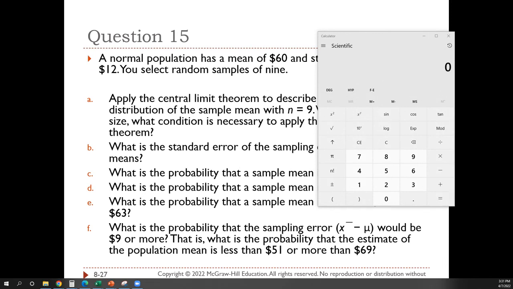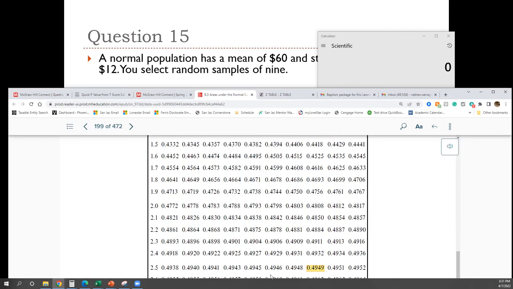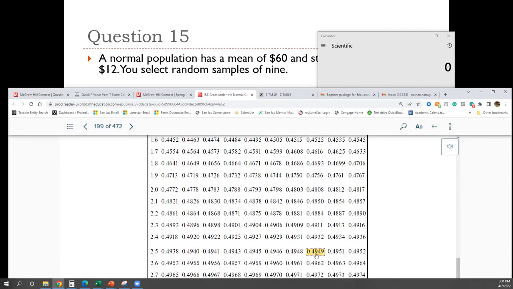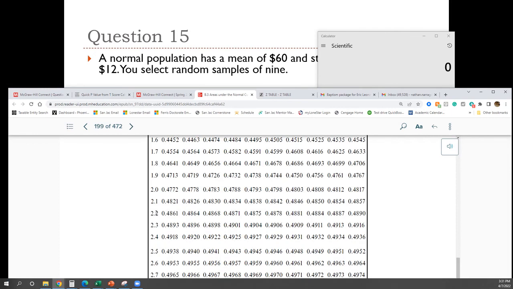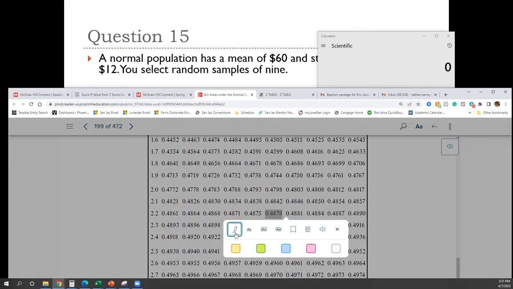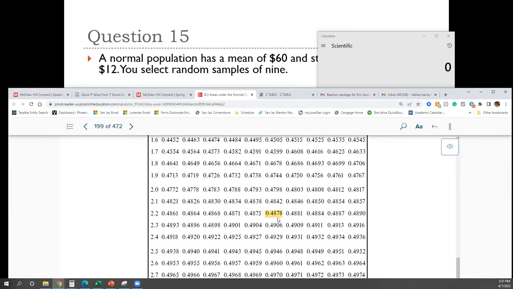So using our z-table, 2.25, okay, 2.2, so it should be right there, 0.4878. So again, checking the chart, yep, 0.05, 2.2, yep, 0.4878.